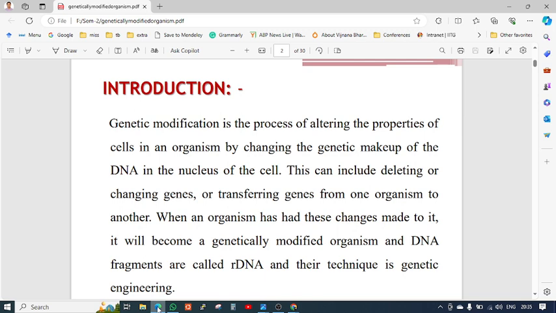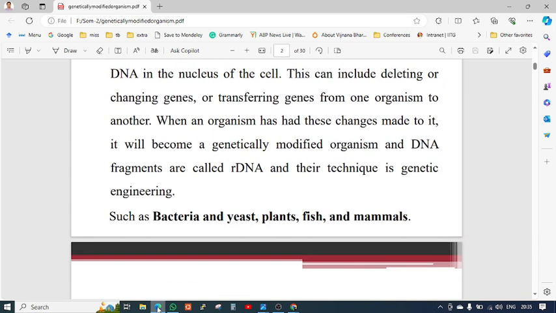So what are the changes? Either addition, deletion, or transformation. If these changes are made, then the organism is called a genetically modified organism, and the DNA involved are called DNA fragments, which are mostly responsible for the different properties of the chromosome.